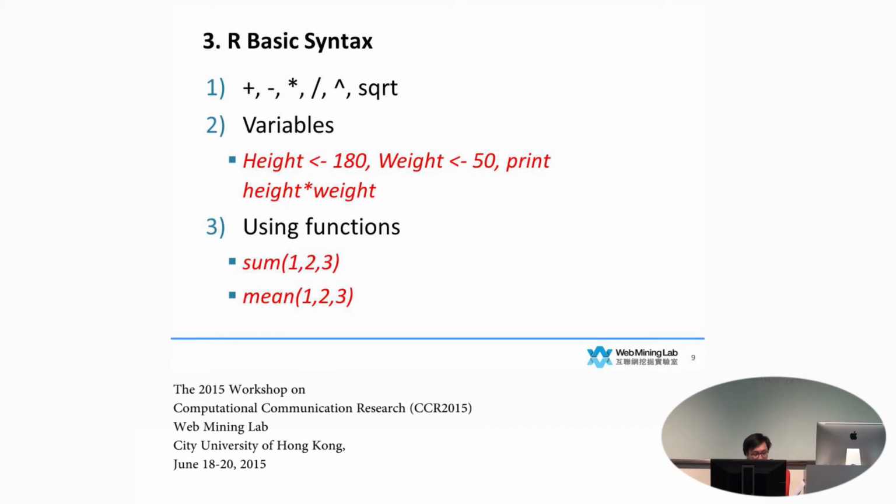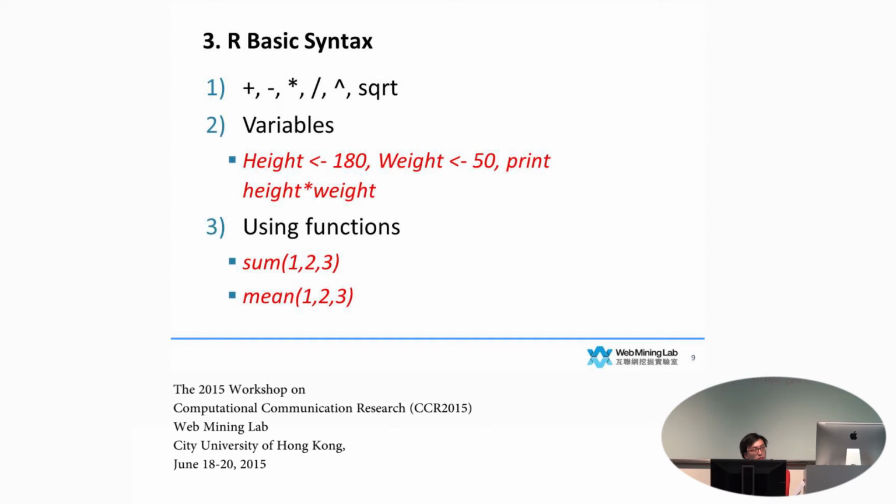This means that 1, 3, 4, 5 is a vector. We calculate the sum of 1, 3, 4, 5, and we use the function called sum. Okay, that is the result. And we can also calculate the mean, use the mean function, that is 3.25, okay.